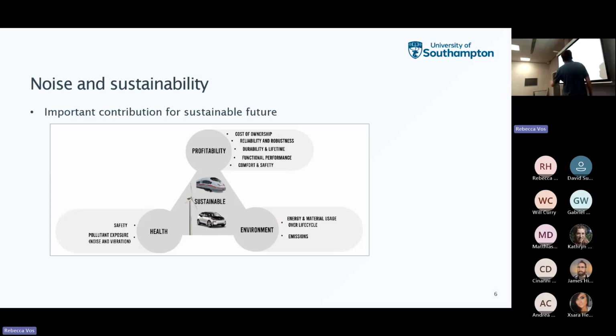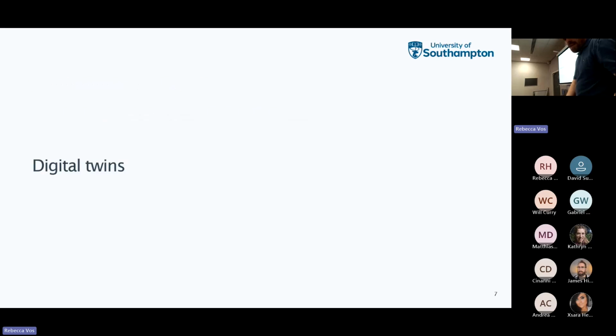And then the third aspect, which is also important for a lot of companies, is, of course, profitability. So we want to make sure that the product we're making is reliable, durable, and that it doesn't cost too much to produce. And so this balancing act is quite difficult. And as you can see, noise is mentioned as one of the aspects to consider here.